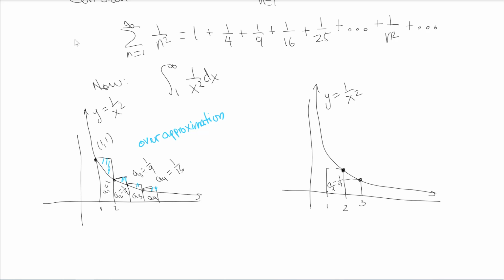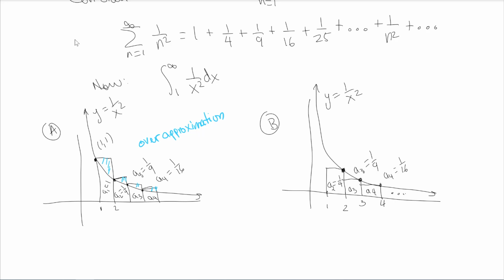So this is really A3, which is 1/9, and so forth. When n is 4, you're going to go A4, and A4 is 1/16, and we just kind of keep going like this. So from these two pictures, let me call them picture A and picture B.